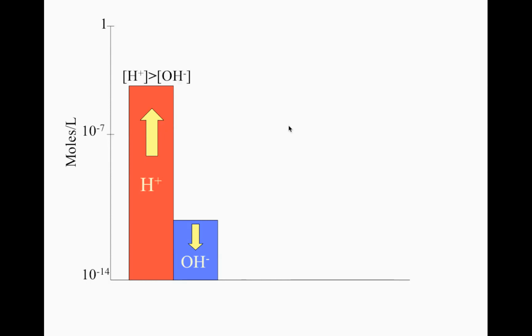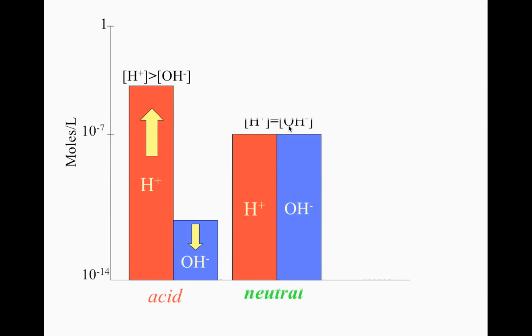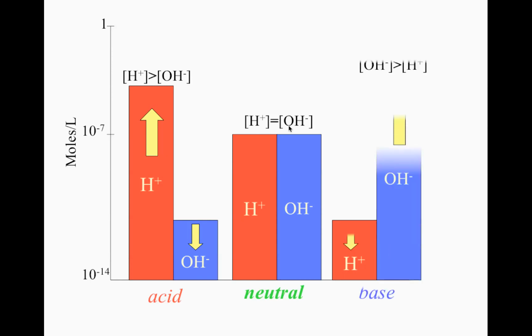So if my hydrogen ion concentration is greater than my hydroxide, this is going to be an acid. If I have distilled water where those concentrations are equal, I have a neutral solution. And if I have a solution with much more hydroxide ions than hydrogen ions, I have a base. So the thing to remember is, anytime you're dealing with water, you have both hydrogen and hydroxide ions present, regardless of whether it's an acid or a base.